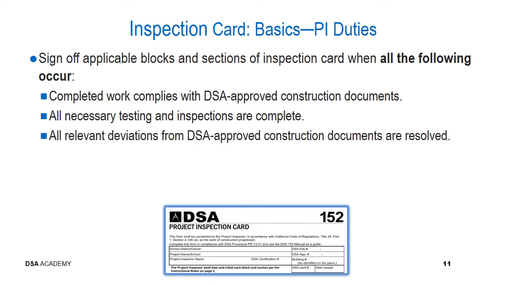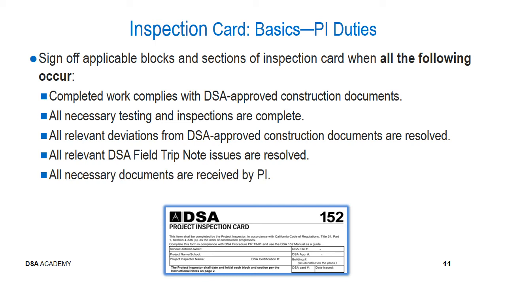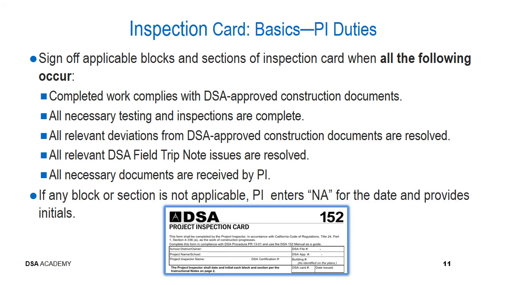All of the relevant deviations from the DSA approved construction documents that are associated with that block are resolved, and all of the relevant DSA field trip note issues that would be associated with that block that you are signing off are also resolved. And all of the necessary documentation from various individuals is received by you, the project inspector.